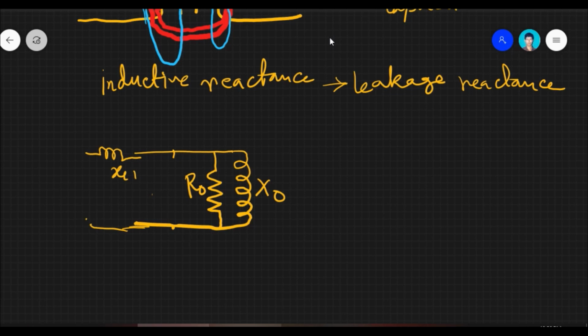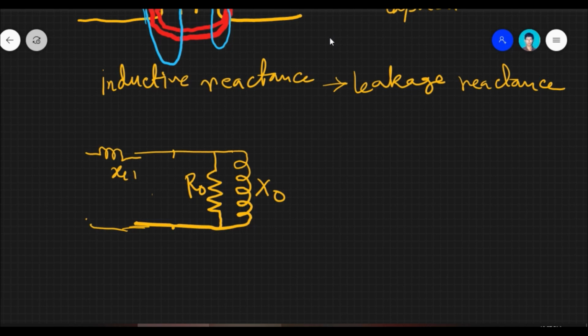Suppose there is no load connected across your secondary. So if there is no load, no current will flow through your secondary. I might sound a bit confusing, but let us try to understand. That secondary is linked with the flux, and that amount of flux is somewhat less than that of primary.